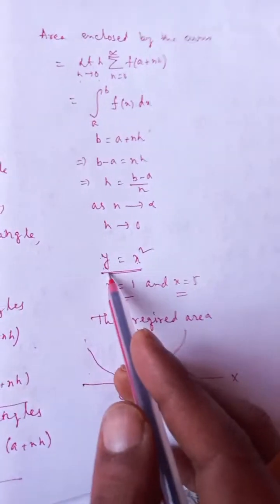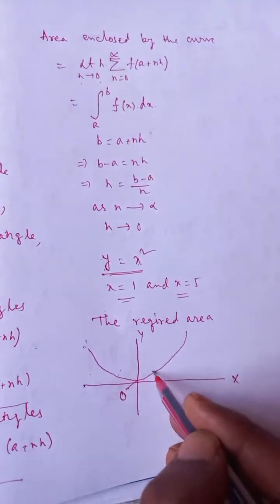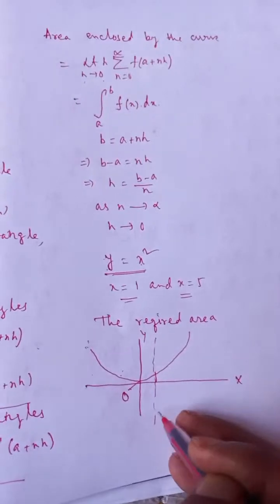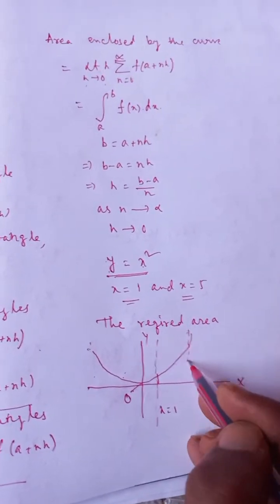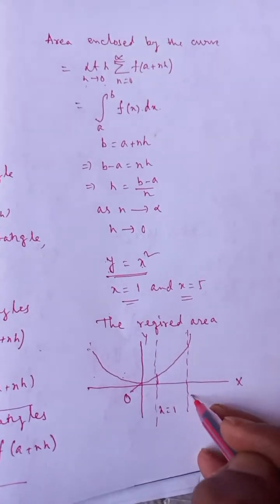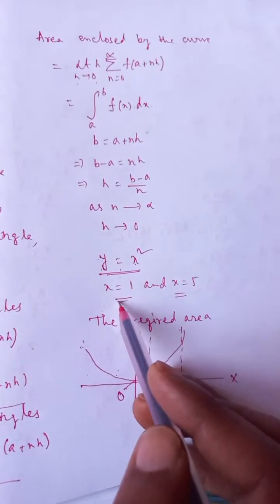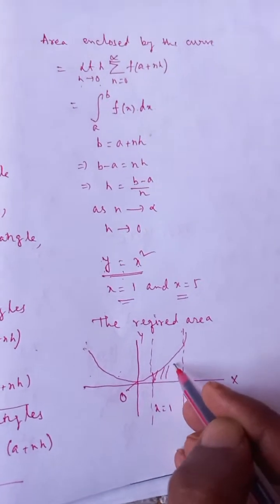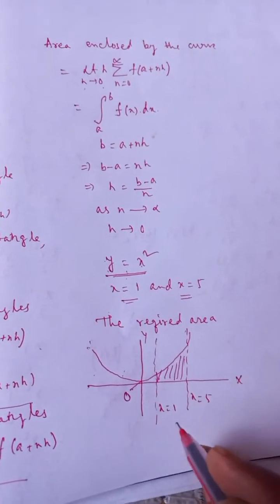So y has no negative value, so this will be the curve. So we will take x is equal to 1, this straight line, and here we are taking another straight line, x is equal to 5. So by the curve and the two straight lines, we have the required area. We can find out this area in this way.